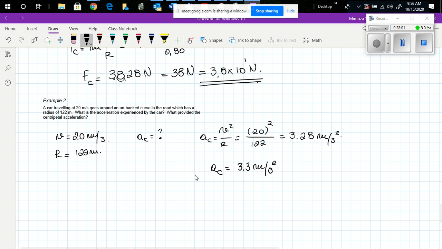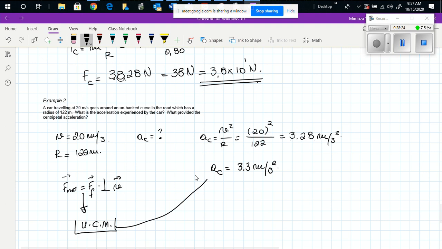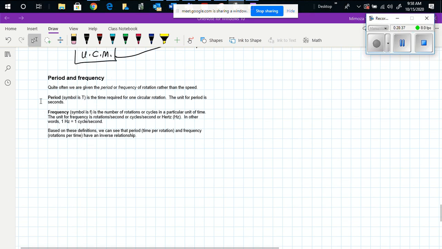So since force net is perpendicular to the velocity, this satisfies the condition to have a uniform circular motion, and the centripetal acceleration in a uniform circular motion can be calculated with v squared over r, or 4 pi squared r over t squared. Is this clear?